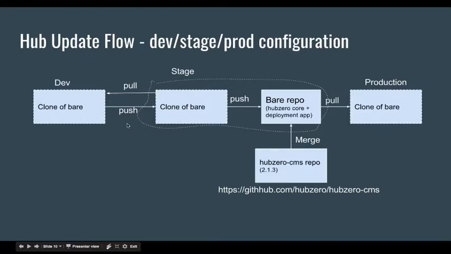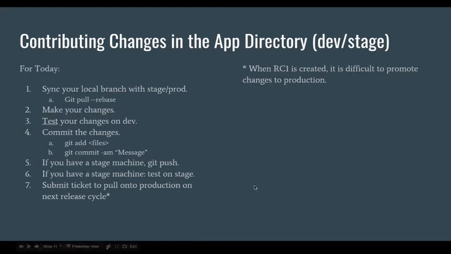But from your perspective, if you were doing development in one of our hosted development environments, you could pull down the changes from the core and make dev look like stage, and then you could do your changes on dev and push them back onto stage. And then when the update needs to be pushed to production, we do a pull here. So it's just a different flavor. There's a lot of moving pieces. I can say that we're doing some work to simplify this process.